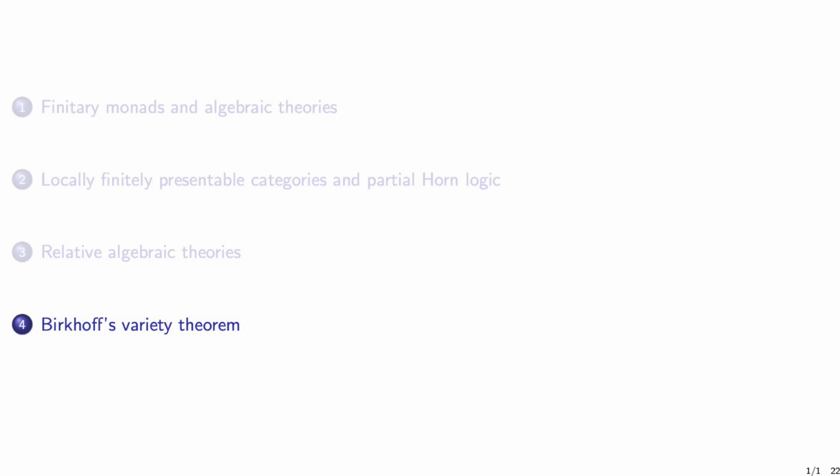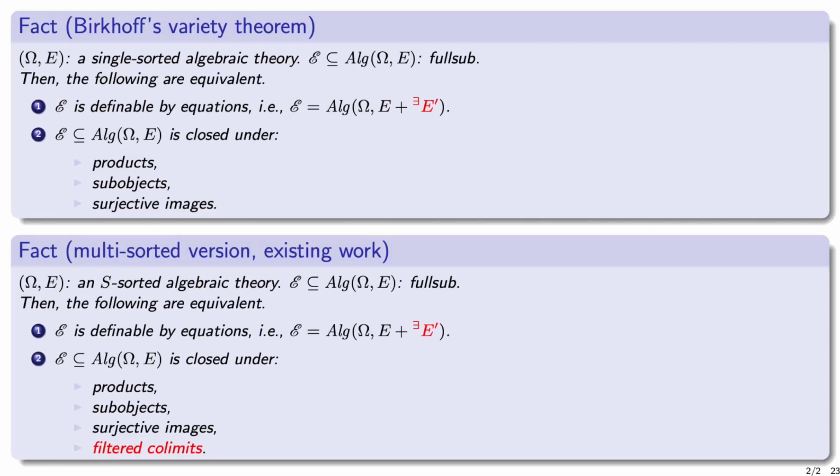Now, this is the last part. Here we present the second main theorem. One of the fundamental results in classical algebraic theory is Birkhoff's varieties theorem. Let omega E be a single-sorted algebraic theory, and let E be a full subcategory of the category of its algebras.